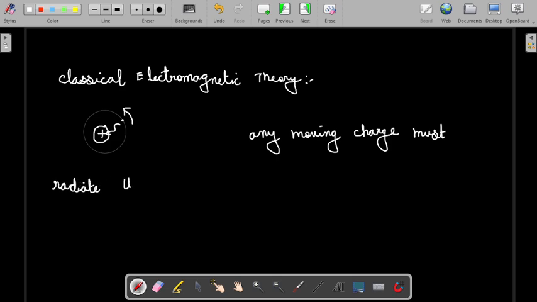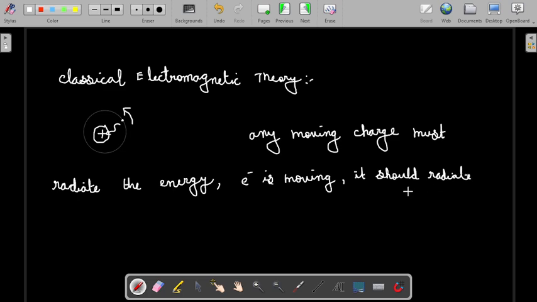Since the electron is moving around the nucleus, it should radiate energy. This is what classical electromagnetic theory says to us: the electron radiates its energy. So this is the theory they have.